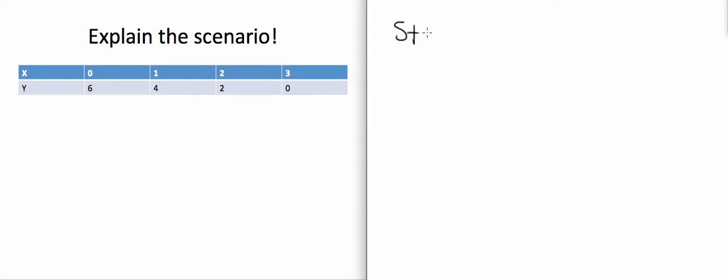So we could say we started 6 units away from the sensor. After 1 second we were 4 units. After 2 seconds we were 2. After 3 seconds we were 0 units away from the sensor.